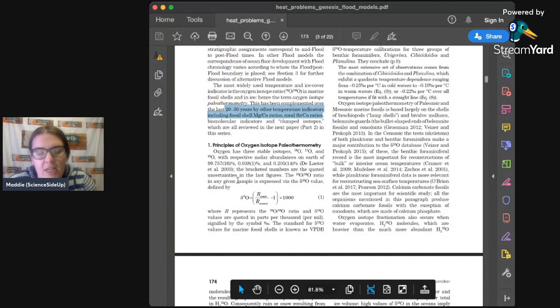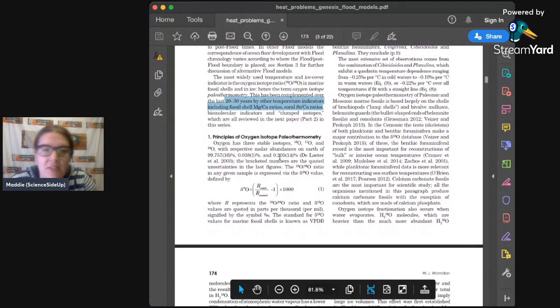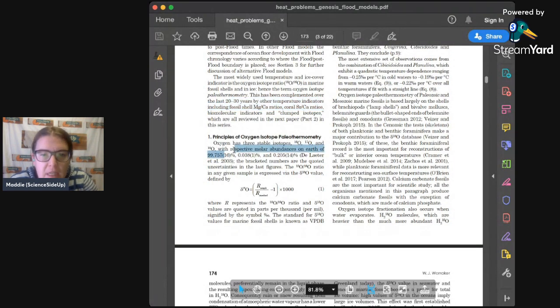Okay, oxygen has three stable isotopes, oxygen 16, 17, and 18, with respective molar abundances on Earth of blah, blah, blah, mostly oxygen 16 with some 17 and 18. Love that we have a citation here. The bracketed numbers are the quoted uncertainties in the last figures. Great.